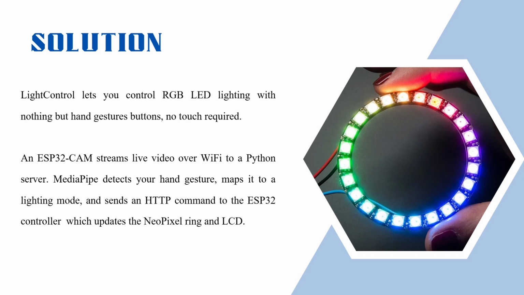We also use MediaPipe to detect the hand gesture, and we map it to the lighting mode and send an HTTP command to the ESP controller, which updates that data to our NeoPixel ring and also displays it on the LCD.